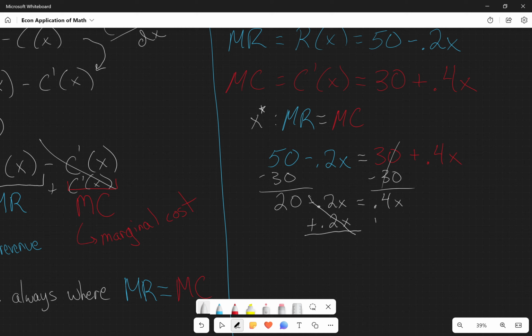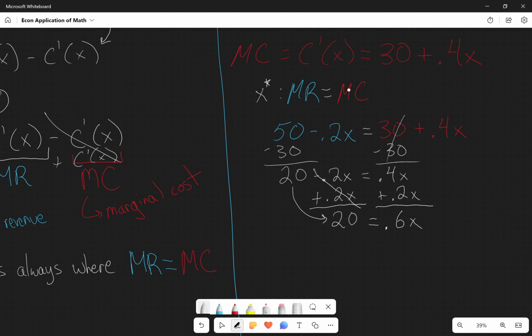And then add that to both sides. 0.4 plus 0.2, slow down, is equal to 0.6. And we have just 20 left over here. So when we divide 20 by a number less than 1, we end up with a number greater than 20. 20 divided by 0.6 is equal to 33.3.